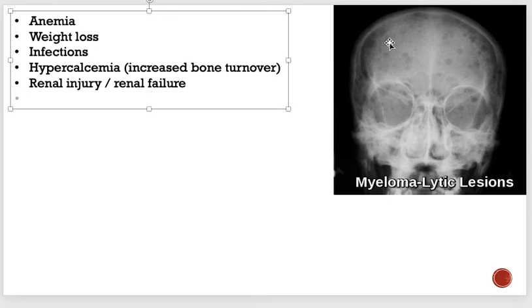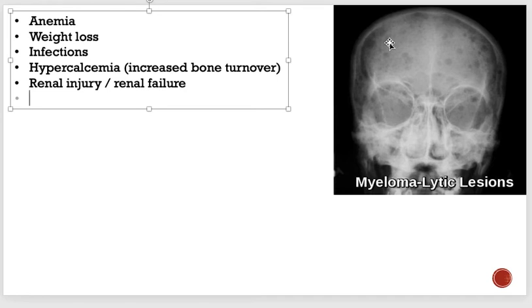Why is there renal injury and renal failure in these patients? Simply because abnormal proteins go and get deposited in the kidneys, and the kidneys will be damaged. In multiple myeloma, of course, these monoclonal proteins keep on being produced, or the free light chains which are secreted by the body.